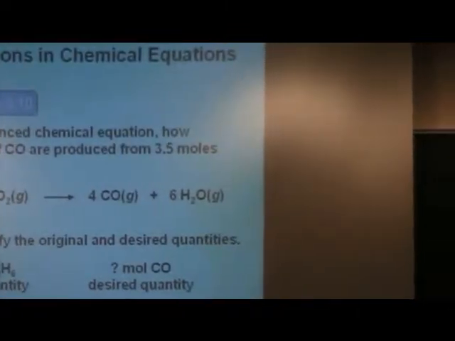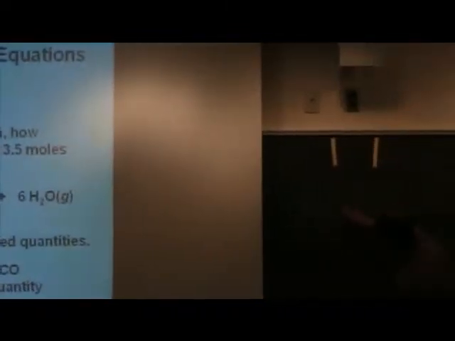If I have 3.5, it gives me X. Then I use crisscross. 3.5 times 4 divided by 2 to get the unknown. So you have 2 from there. Yes. So that gives me 7 moles of carbon monoxide.